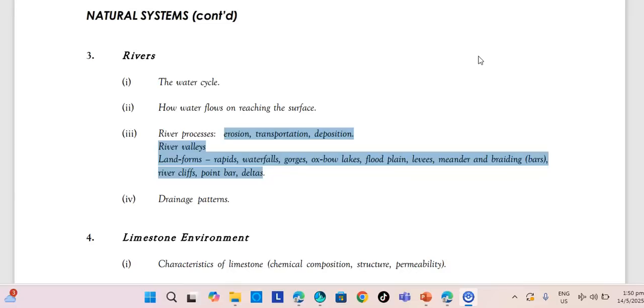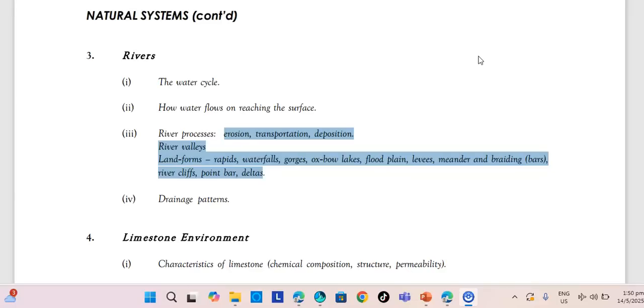Erosion. This is when the river wears away the land, the riverbank and the riverbed. So it's caused by erosion, where the river wears away the land. The river cuts into the land, forming valleys and waterfalls.